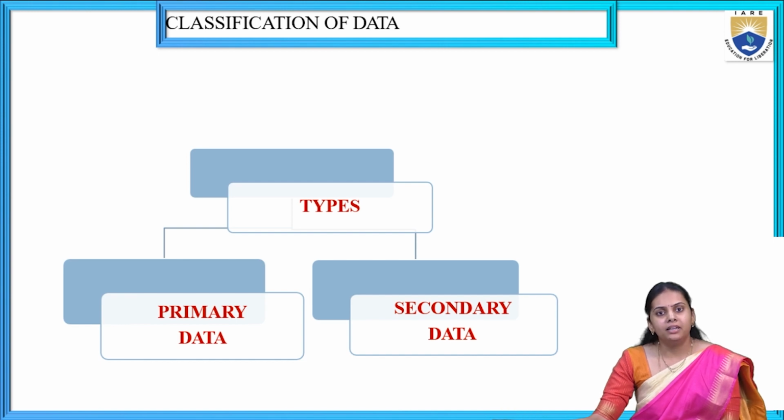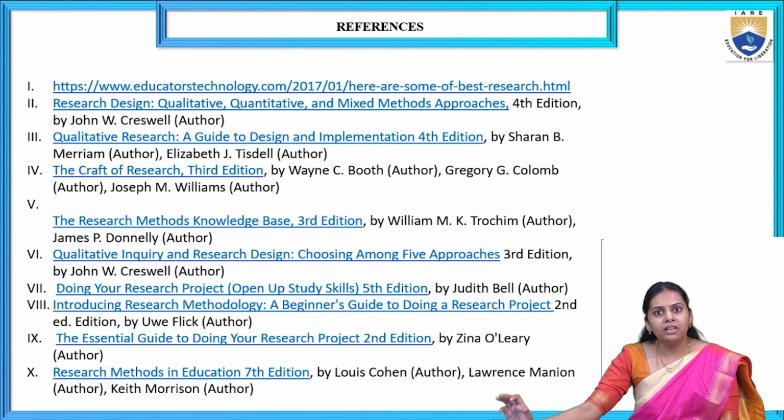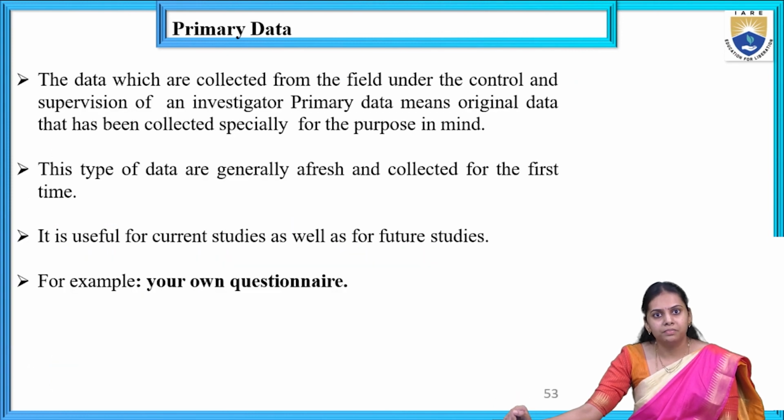Here, primary data, as the name itself says, is the original or the origin of the data collected. We started with primary data. So primary data is always original data: the data which are collected from the field under the control and supervision of an investigator.